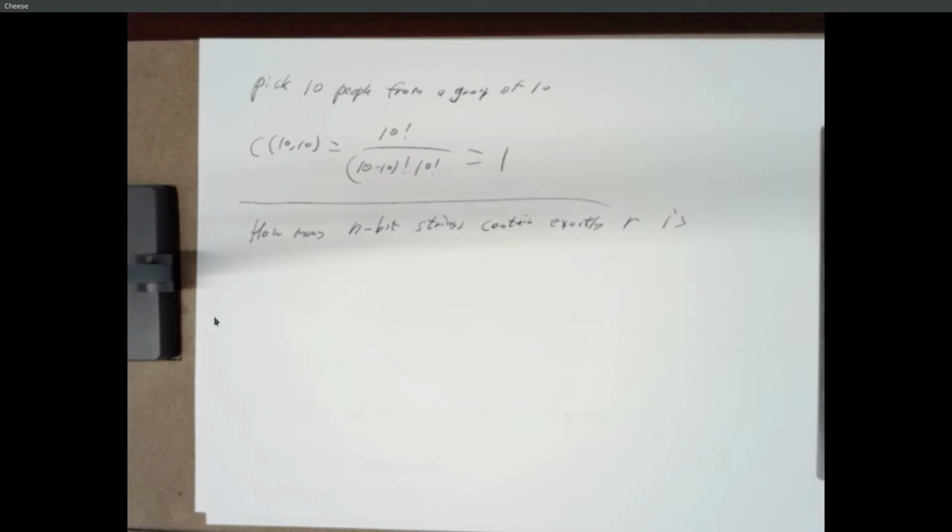And we can think of this as saying, if it's an n-bit string, we have n bit positions, positions 1, 2, 3, 4 up through n, and we're trying to pick r of those positions to contain a 1.